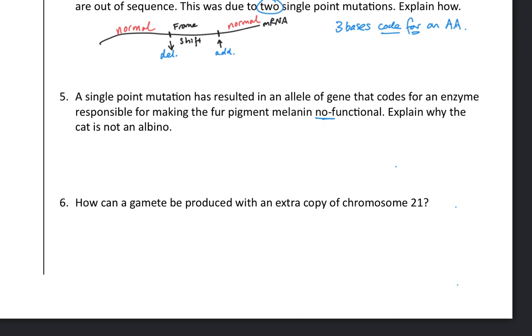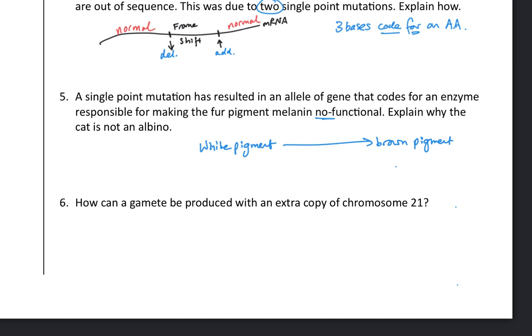So I've got a single point mutation. I've got a gene now that codes for a non-functional enzyme. So it'd look something like this, where I've got a white pigment that gets converted into a brown pigment called melanin.